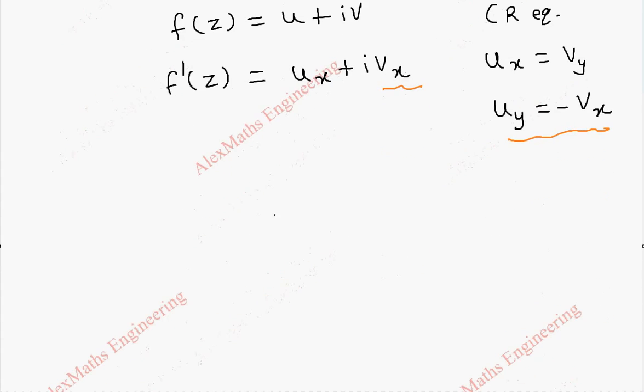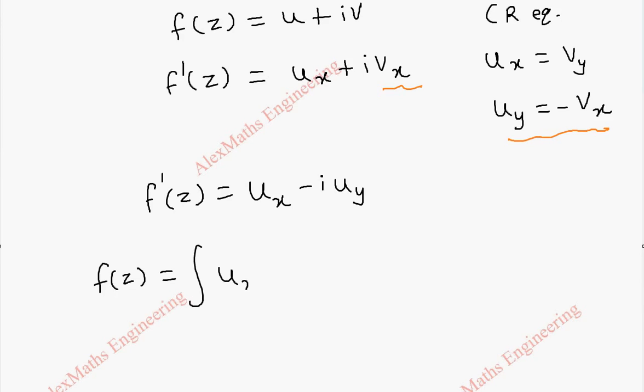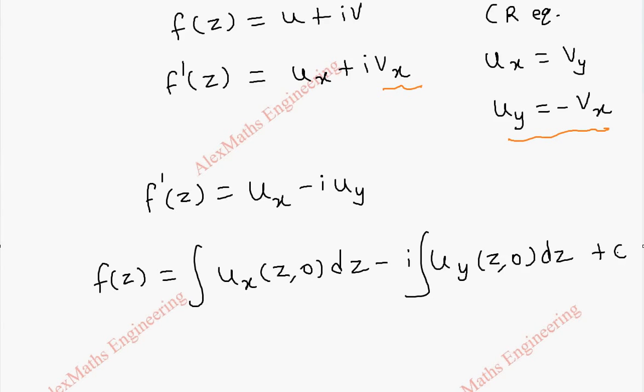So totally f dash of z becomes u_x minus i u_y, and using Milne Thomson method, f of z becomes integral u_x of (z, 0) dz minus i integral u_y of (z, 0) dz plus c.